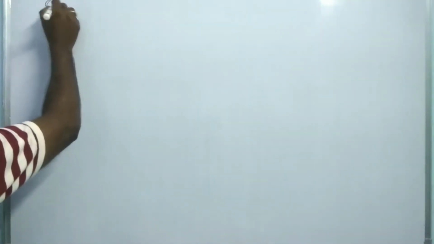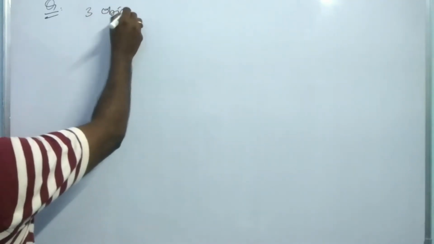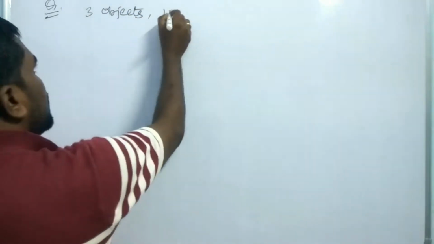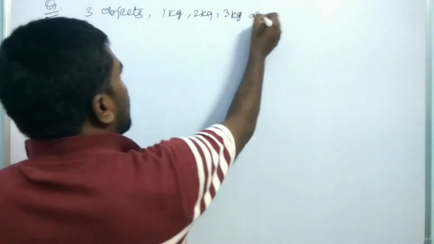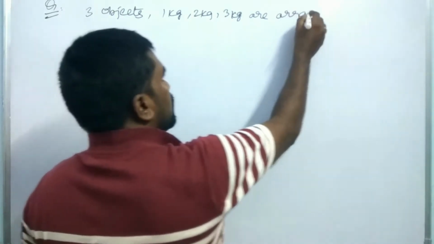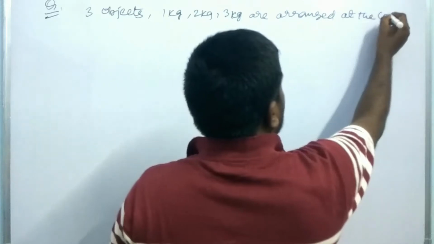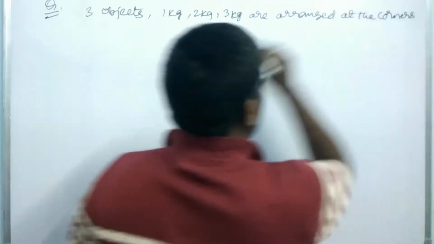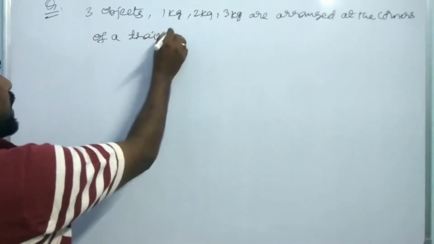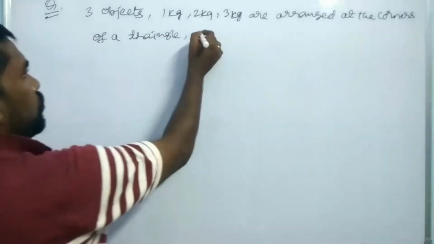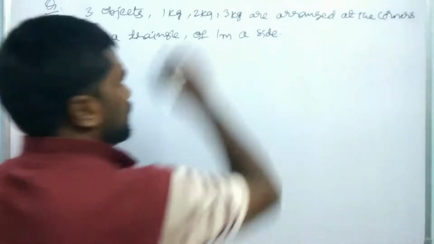Here the question: three objects of 1 kg, 2 kg and 3 kg are arranged at the corners of a triangle of 1 meter each side.